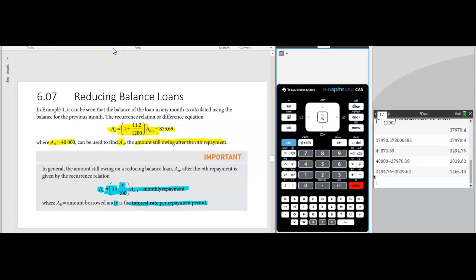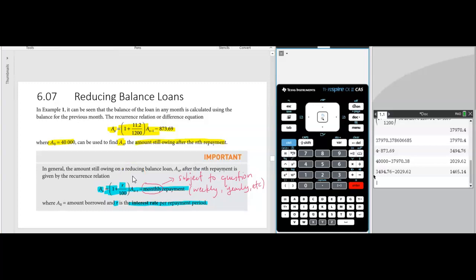Now, this one doesn't necessarily have to be a monthly payment. This one is actually subject to questions. Now, if I have a weekly payment, then you have to modify. So it can be weekly, it can be yearly, or anything, depending on the questions.